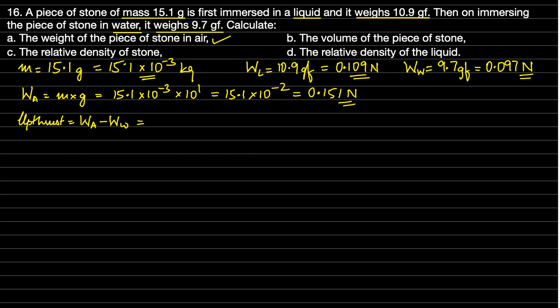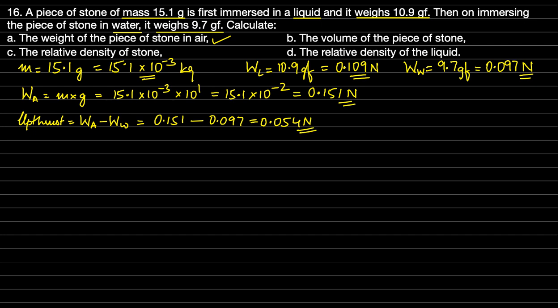So weight of the body in air happens to be 0.151 minus 0.097. So 0.151 minus 0.097 gives us 0.054, and this would be in newtons because it is upthrust.